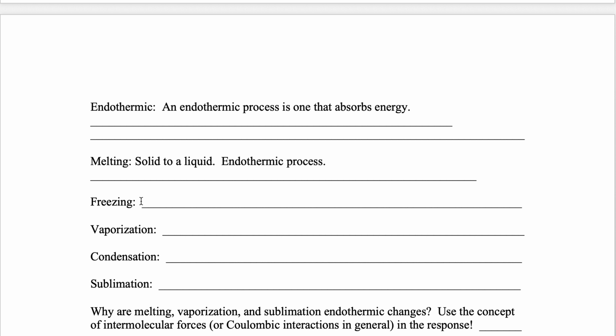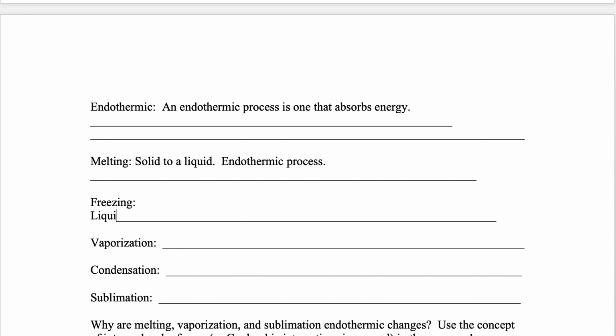Freezing, on the other hand, is when a liquid turns into a solid, in which case intermolecular forces are being formed. And the formation of a bond or a force of attraction releases energy. As such, freezing is an exotherm.